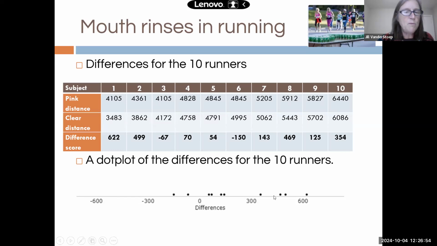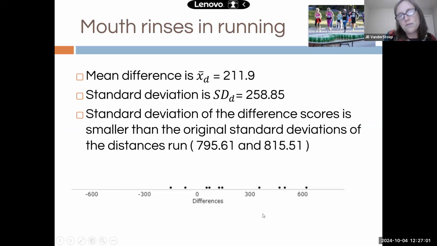And I know you might not remember the scale from before, but there's a lot less variability in these differences. So the mean of those differences is 211 meters, and the standard deviation is 258, which is a lot smaller than roughly that standard deviation of 800 that we saw within the pink group and within the clear group. So that paired design has already reduced a lot of that variability, which is a good thing for us.